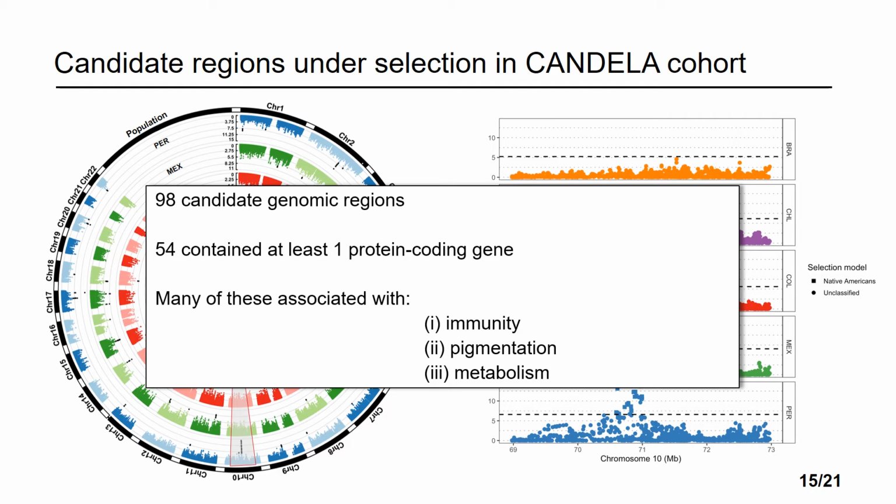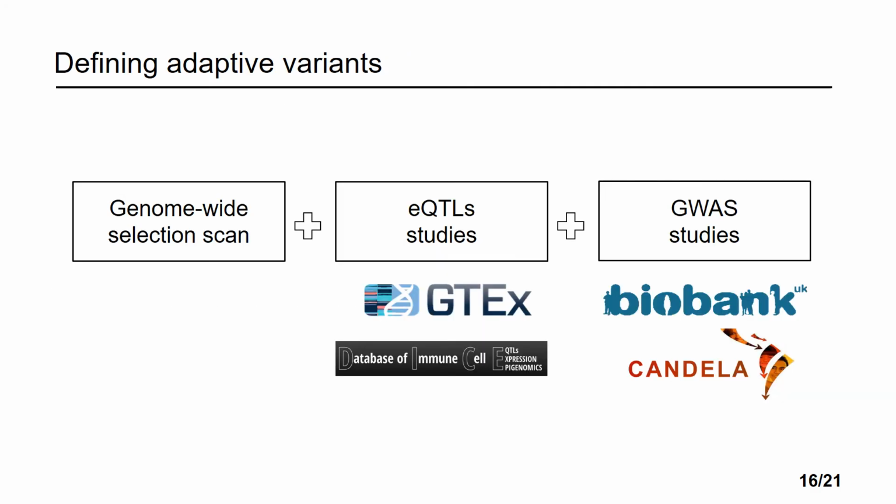And interestingly, many of our novel hits overlap with different genes implicated mainly in either immunity, pigmentation, or metabolic-related phenotypes. So then, in order to define adaptive variants, we checked whether any of our significant selected sites overlap with previously reported eQTLs or genome-wide associated loci, basically to establish whether these sites had a functional effect or not.